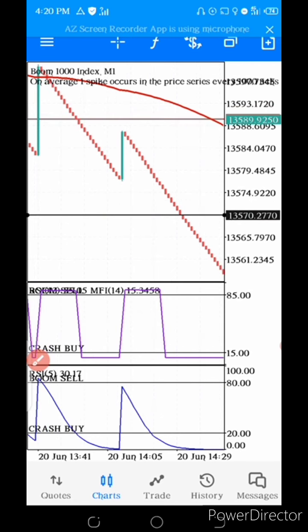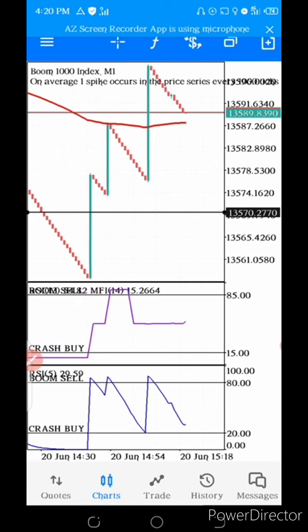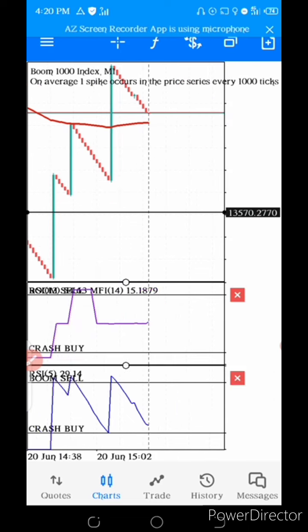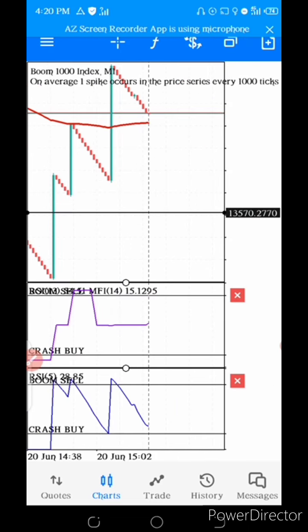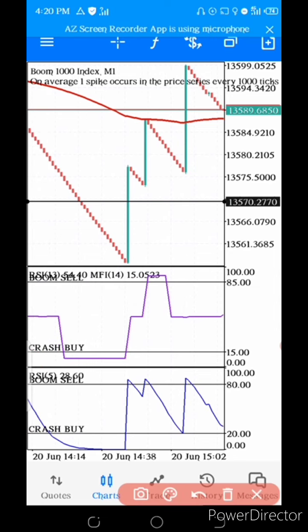So when we see that the market is in a downtrend, what we are looking for next is for the MFI, this purple line here, to go above the 85 level while on a downtrend.